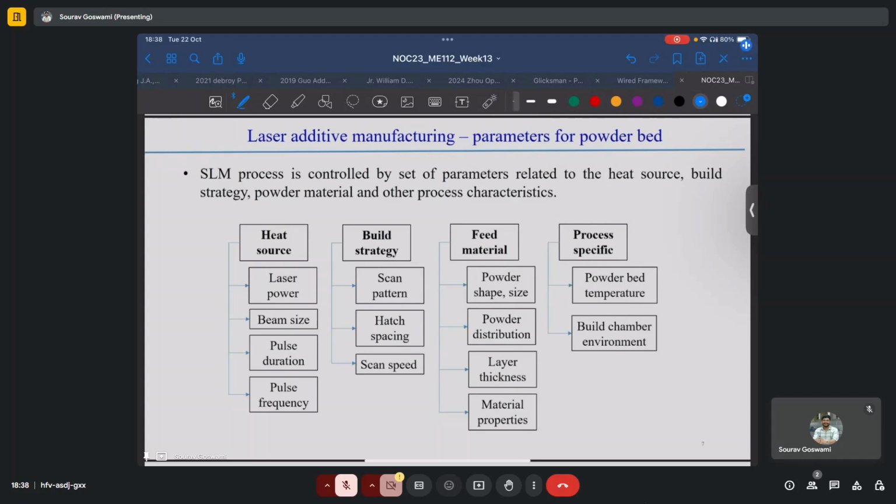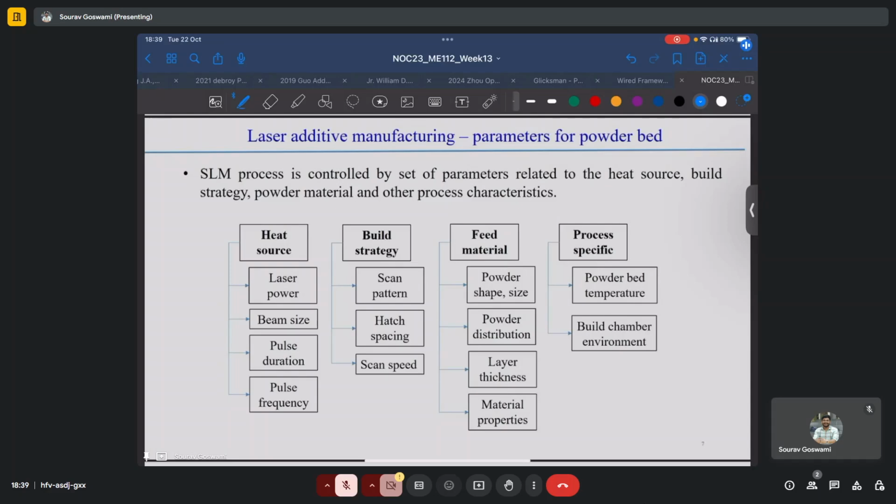Also, we saw how sometimes it is indeed useful to have powder particles of multiple sizes, say a few mid-sized particles, a few larger than those, and a few very small sized particles, because then the overall packing density comes out to be very high compared to, say, an array of powders of one uniform size. Powder distribution, as we discussed, should be controlled.